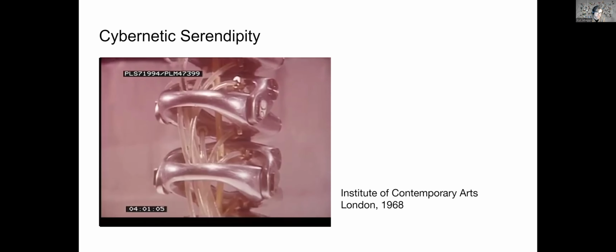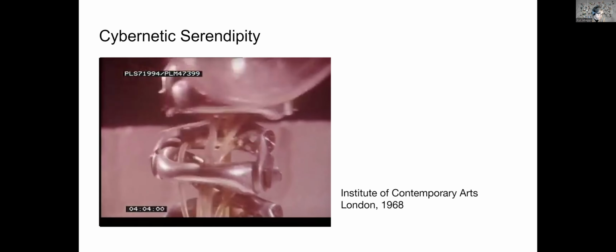In the second section, we have cybernetic devices as works of art.